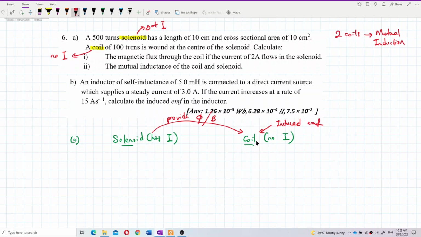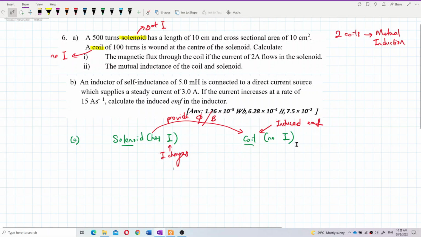When the current changes in the solenoid, there will be a change of magnetic flux in the coil, so there will be induced EMF in the coil.